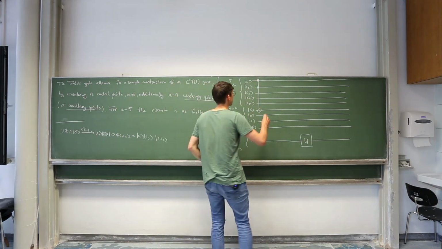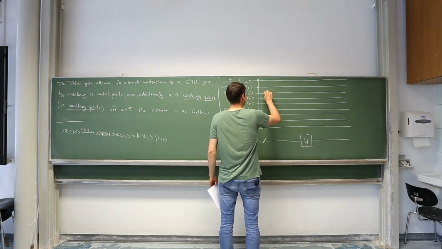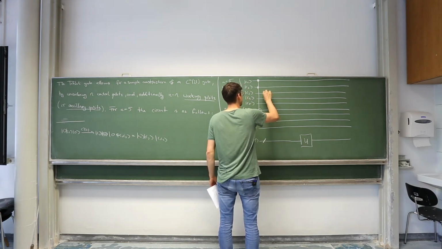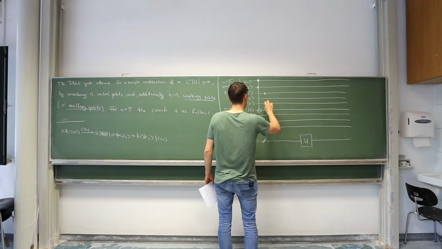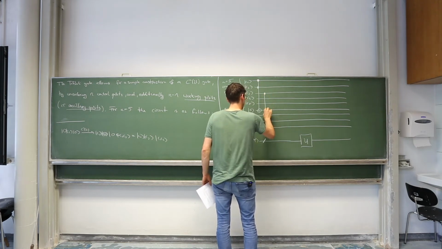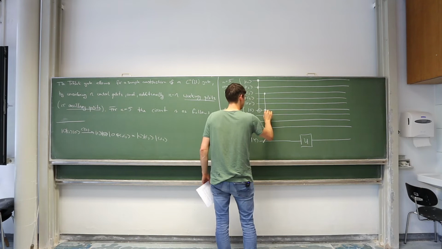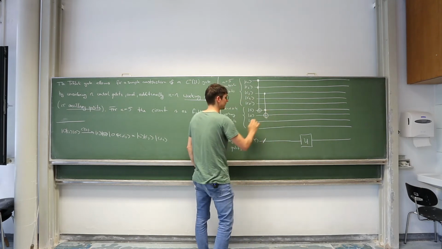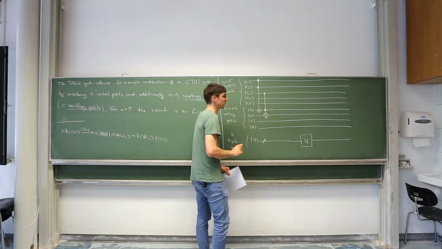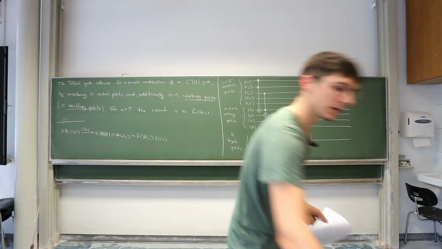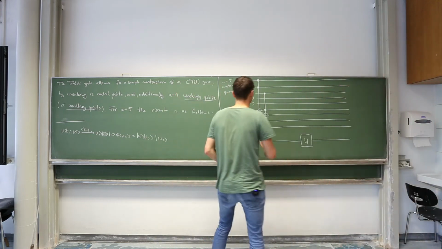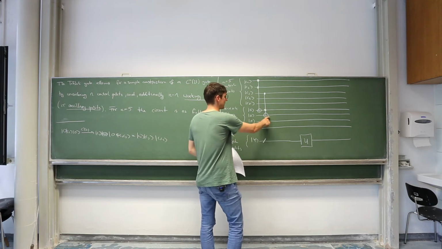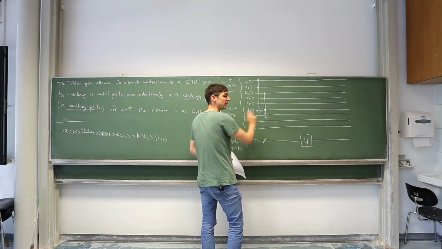And now we have a Toffoli gate with control on C3 and the control on this first working qubit, and it acts on the second working qubit, such that the second working qubit is now in state C1 times C2 times C3.